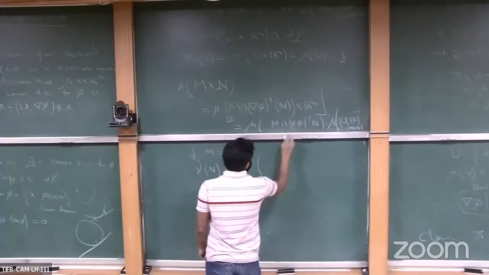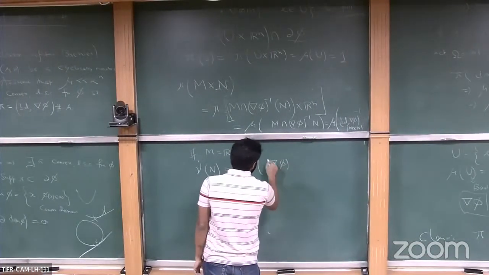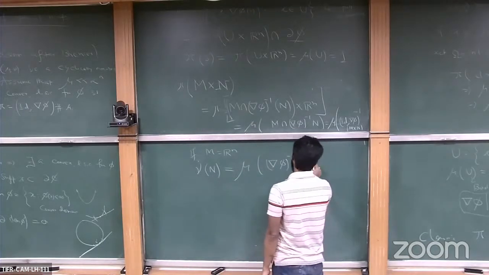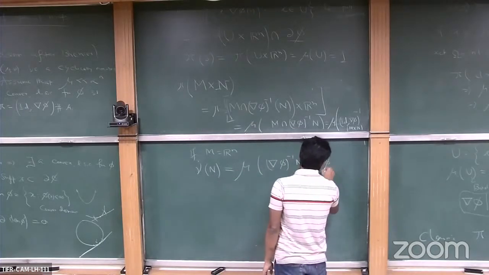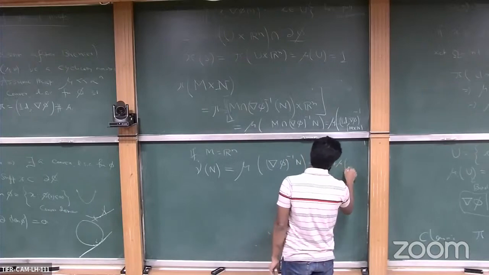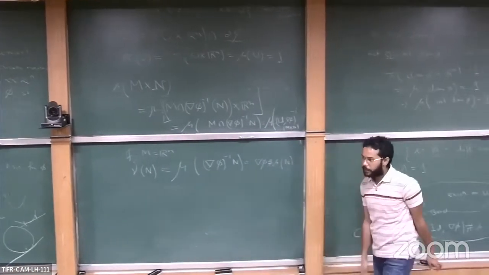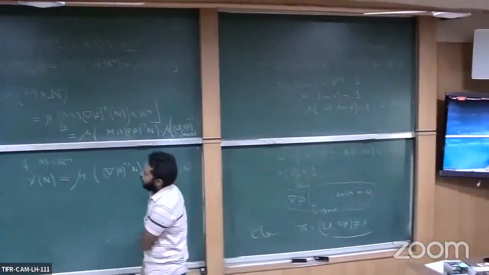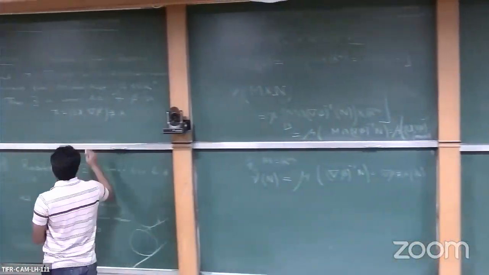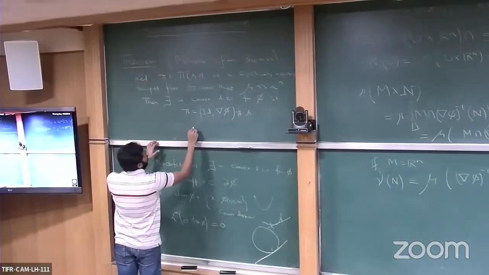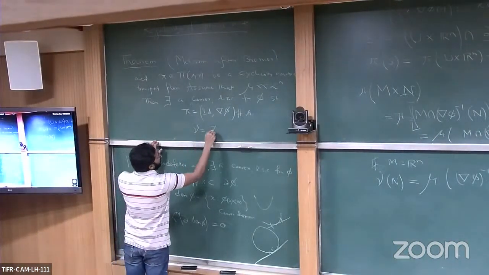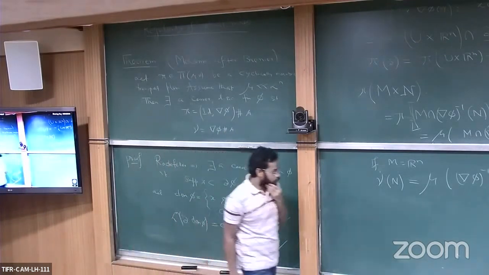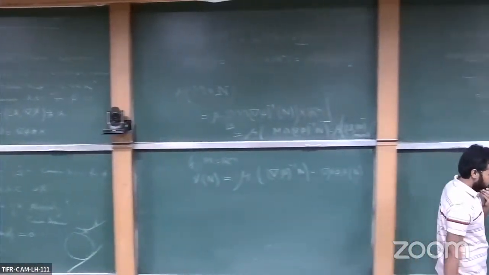So this is mu of gradient phi inverse of N, and that is precisely the definition of gradient phi push forward mu of N. So this proves that the optimal map is given by this one, and in particular, nu is the push forward of mu. So this proves Brenier's theorem.